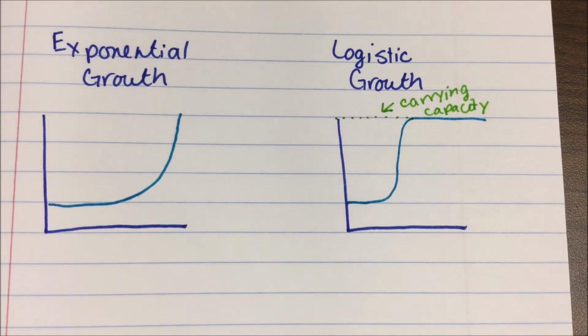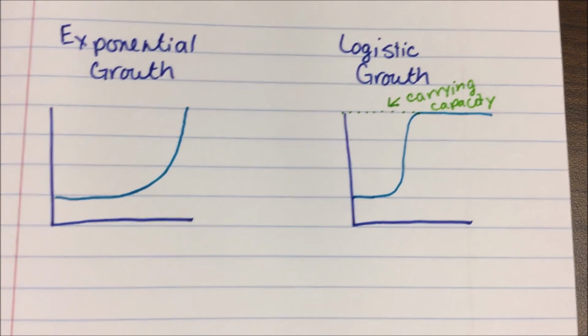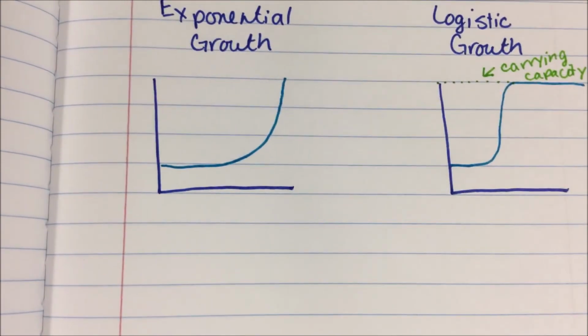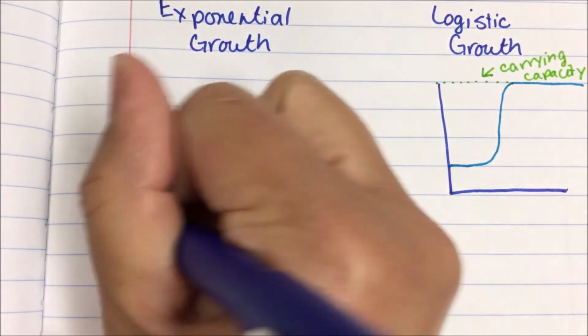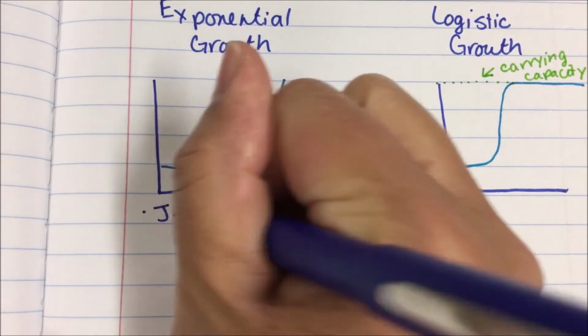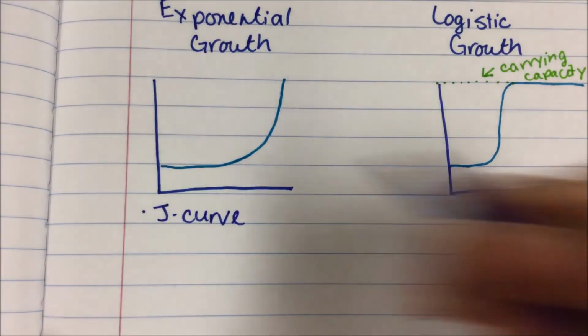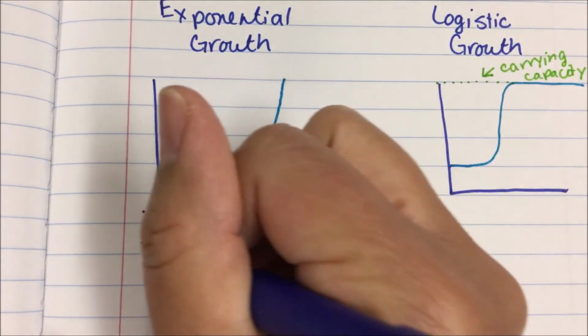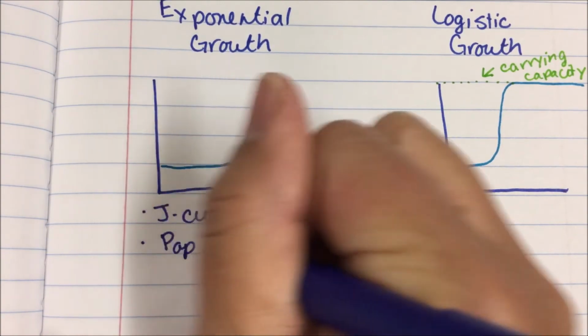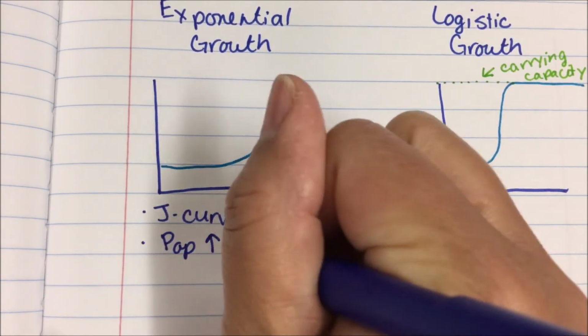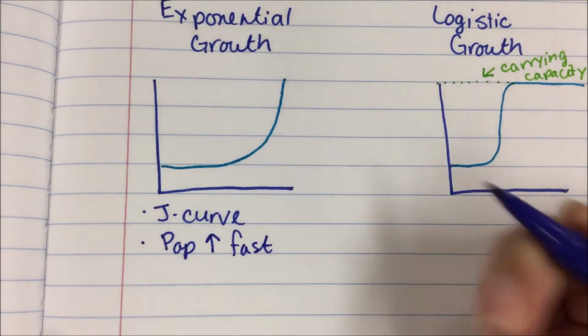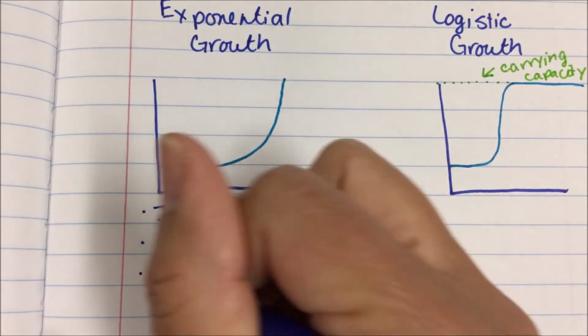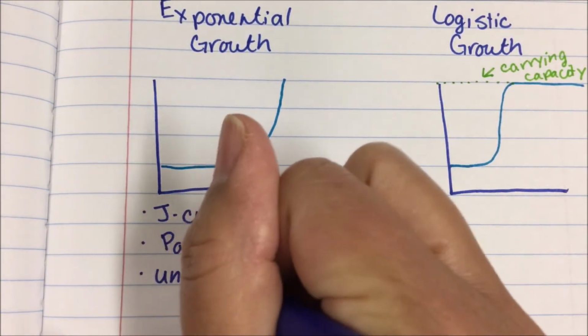Let's talk about some details about these graphs. I'm going to start with exponential growth. This is also known as a J-curve. I think you can see why. Growth is very fast, so your population increases fast. With exponential growth, you have unlimited resources.